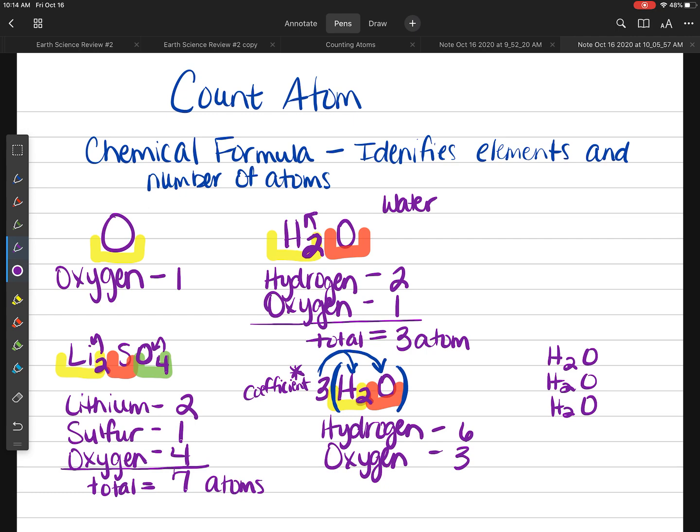So there's 2, 4, 6, and 1, 2, 3. If it's a little bit easier for you to look at it that way, that might make sense. So there's 6 H's and 3 O's, which is what we figured out here. But if you need to set it up that way, you can. All right, so that means we have a total of 6 plus 3 is 9 atoms.